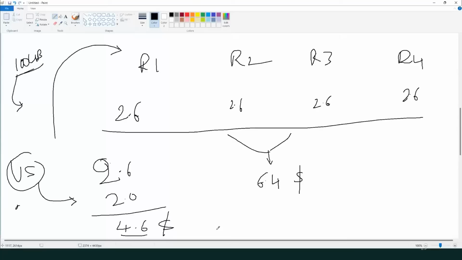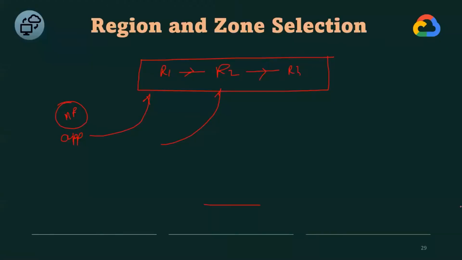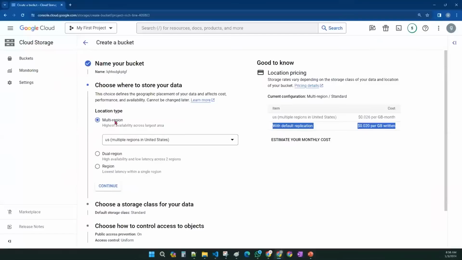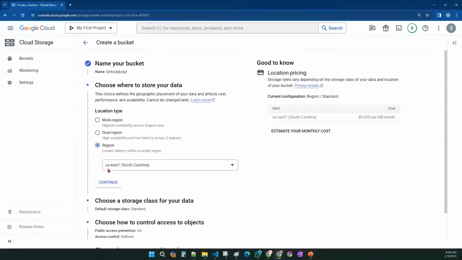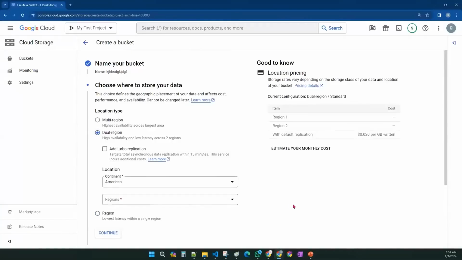But if you give the data to this one and select multi-zones, this is what Google is doing for you. Either you can go for multi-zones or a single region, single zone. The cost associated is like this. You also have dual region, that means you can select two regions, region 1 and region 2.